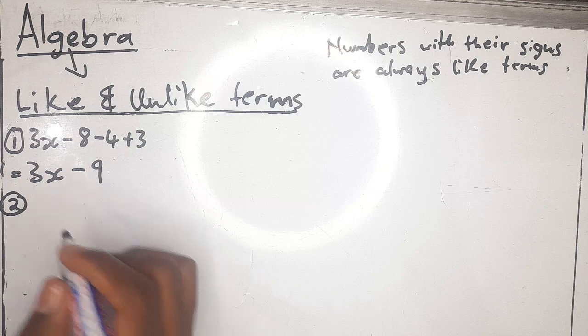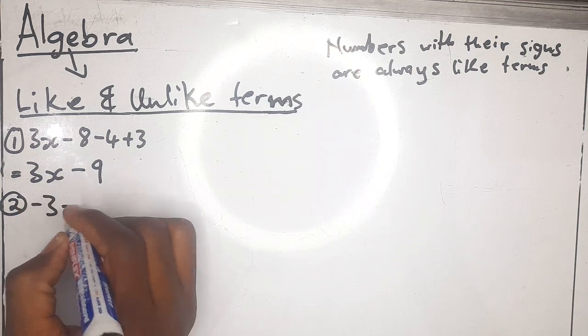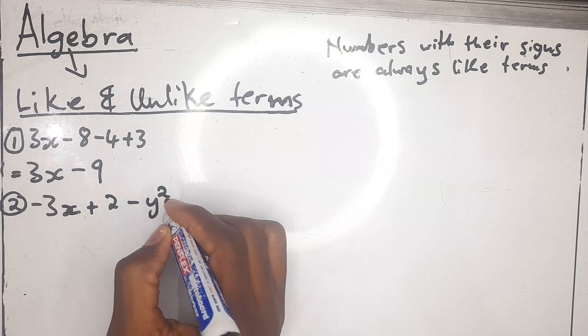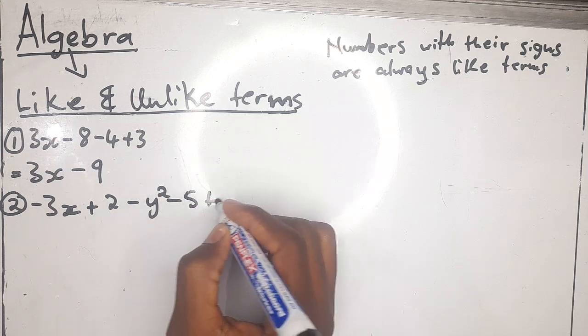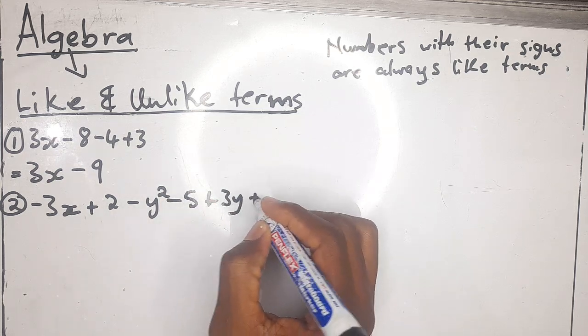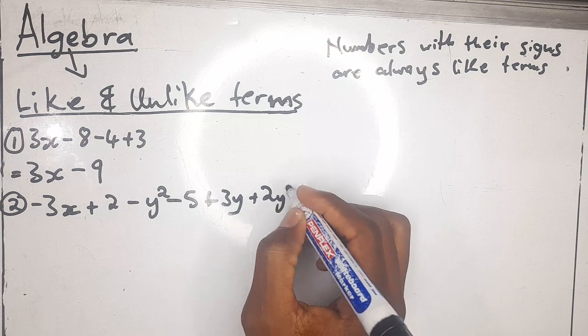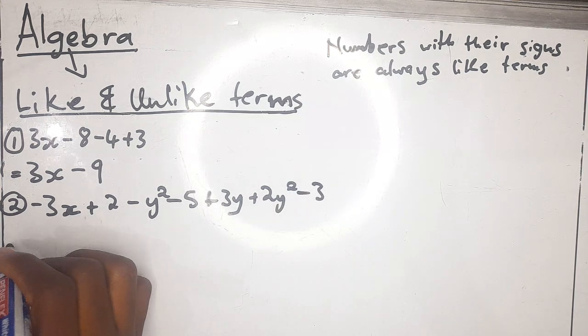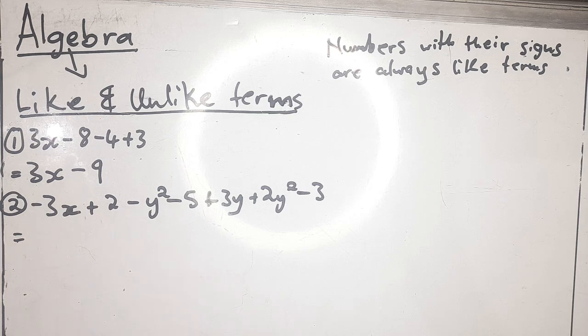Number 2, we're given minus 3x plus 2 minus y squared minus 5 plus 3y plus 2y squared minus 3. This is an expression that we have to find like terms in. Do we have them? Yes.